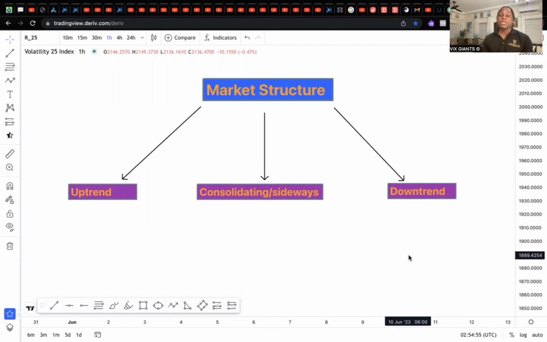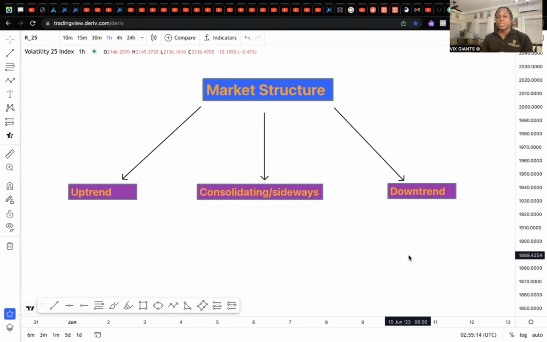There are three main ways in which the market moves: an uptrend, a consolidating or sideways market, and a downtrend.